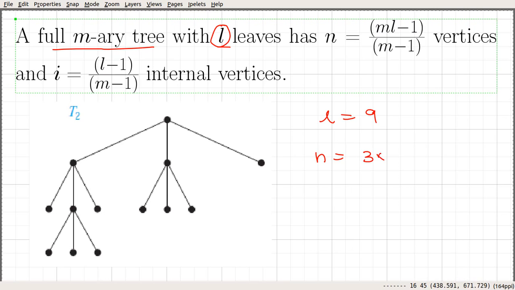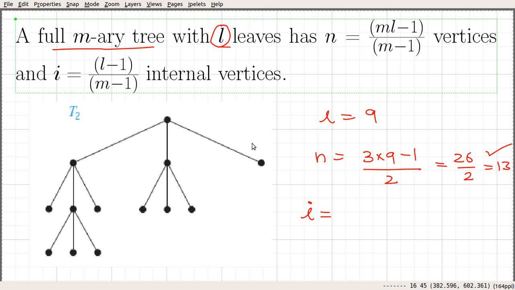So n equals (m times L minus 1) divided by (3 minus 1), which is 26 divided by 2, equal to 13. And we saw this particular tree has 13 vertices.